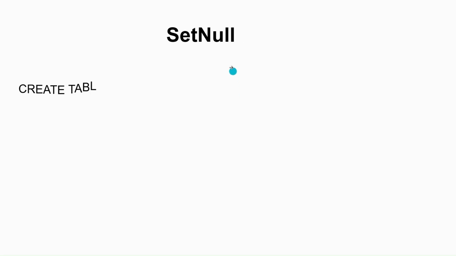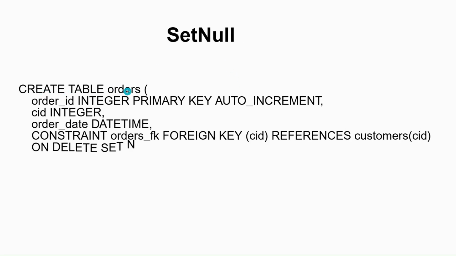Now let us look at set null here. Create table orders. Order ID integer, primary key auto increment, customer ID integer, order date and time, and here we are setting up a rule: on delete set null, the same thing, references the customer ID, and on update set null. Okay.